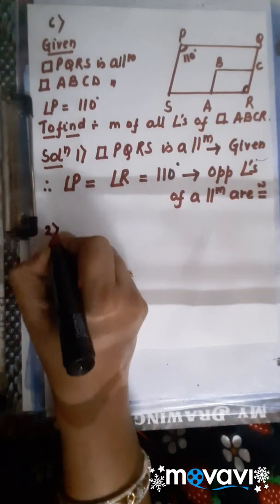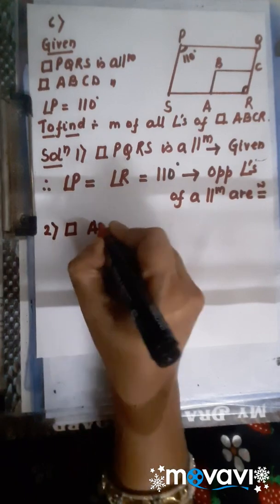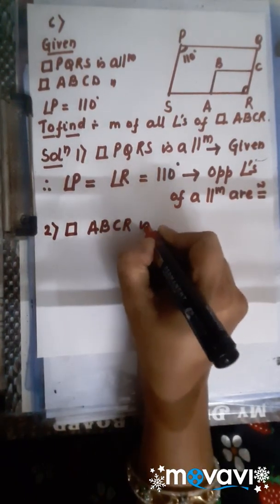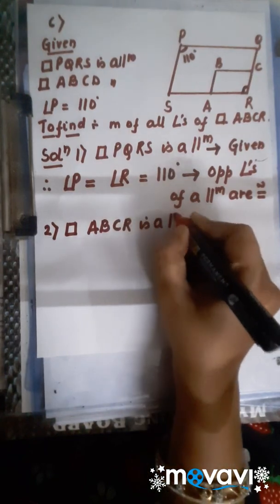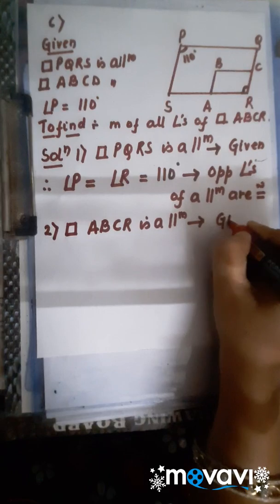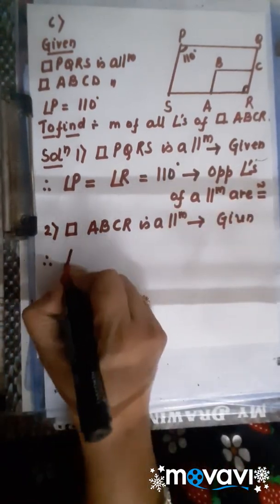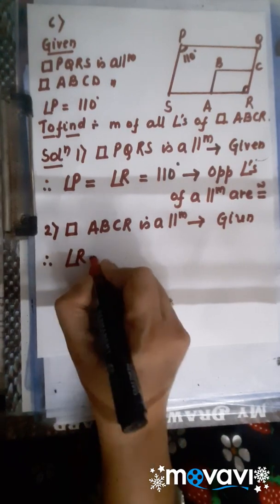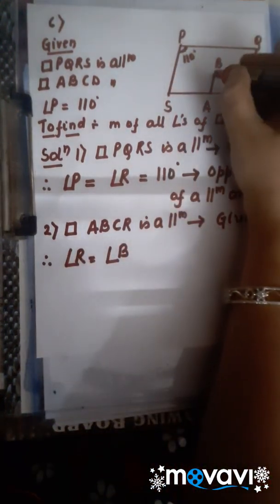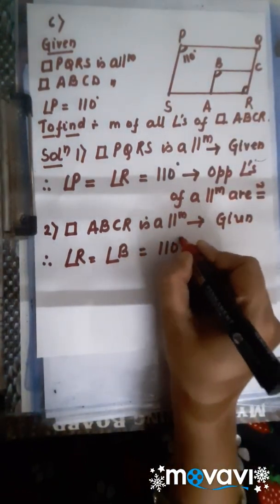Now, second one, quadrilateral ABCR is a parallelogram. Okay, this is given to me, correct? So, therefore, angle R is equal to angle B, which is equal to 110.